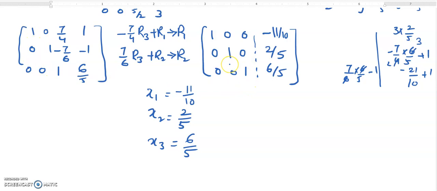Whereas in the Gauss-Jordan elimination method, we make both the upper and lower coefficients than the leading terms 0. And in addition, we also make all the leading terms equal to 1, so that we can directly get the answer.